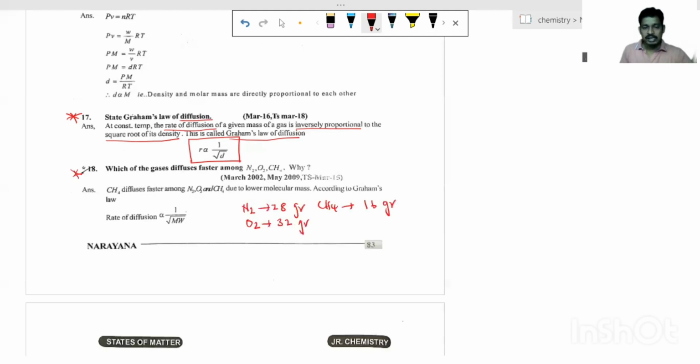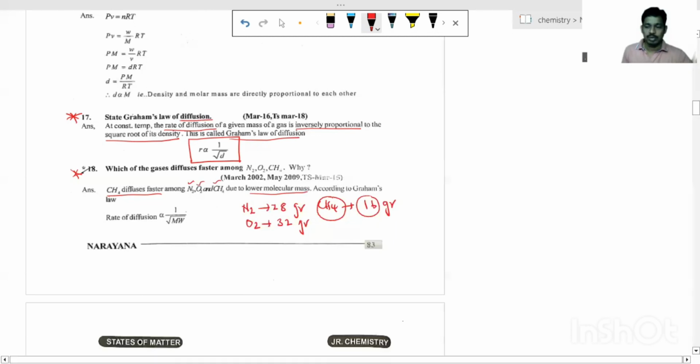So among all the gases, methane molecular mass is less, so rate of diffusion is more. CH4, that is methane, diffuses faster among nitrogen, oxygen, and methane, right? This is due to lower molecular mass. So this is about Graham's law of diffusion.